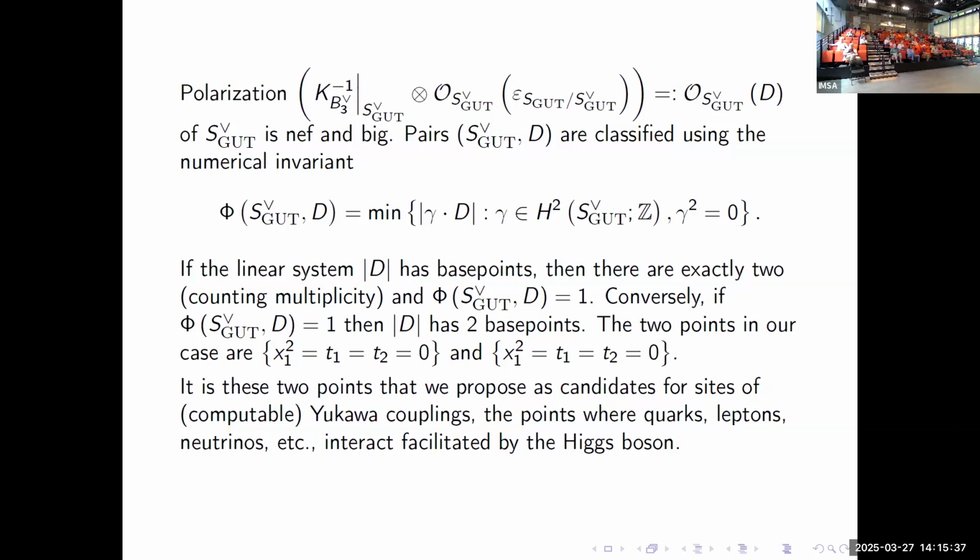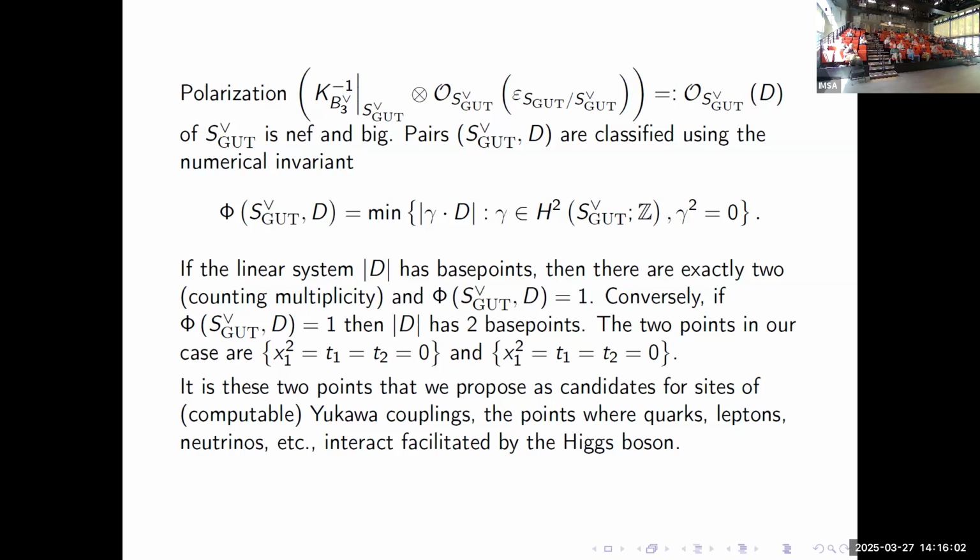If and only if that is one, the linear series has two base points. I listed two references in the abstract. That's the most important piece of information I got out of the first. Any questions so far?